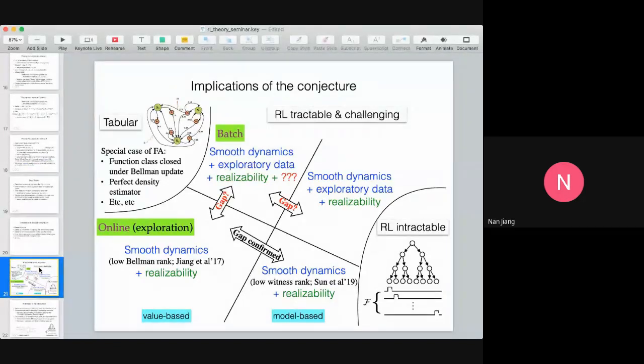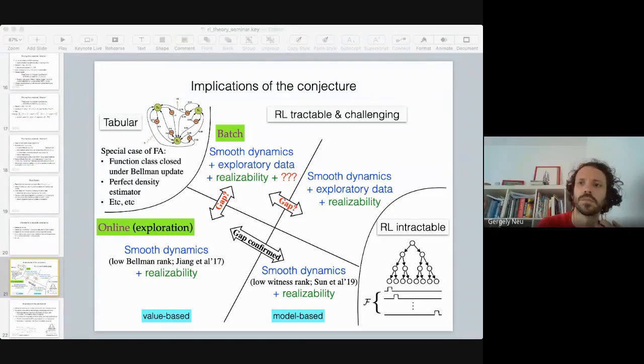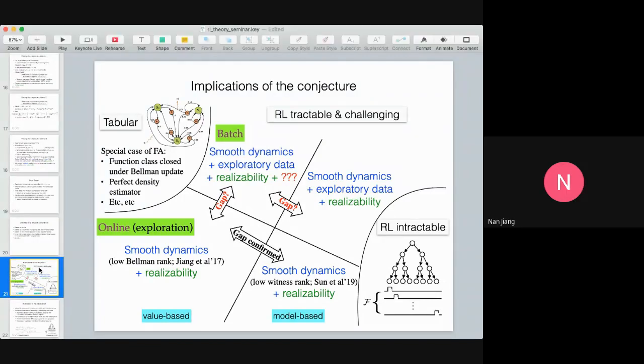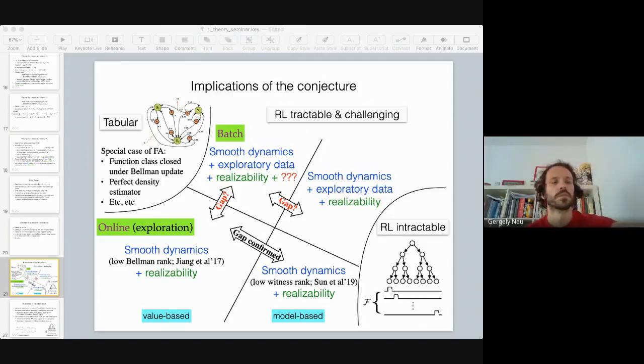Well, the thing is that if you're in the online setting, we don't know that many algorithms that give you polynomial sample complexity just with realizability. I think most of them, similar to the batch setting, require additional assumptions, right? For example, I think Shijing or someone else talked about linear function approximation in this linear MDP setting, right?